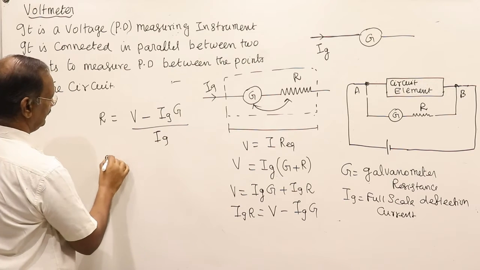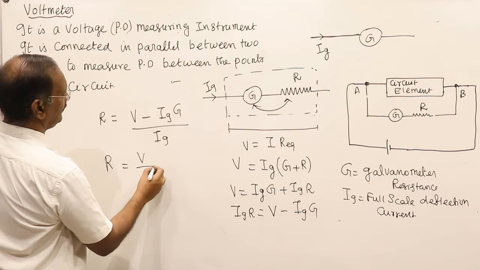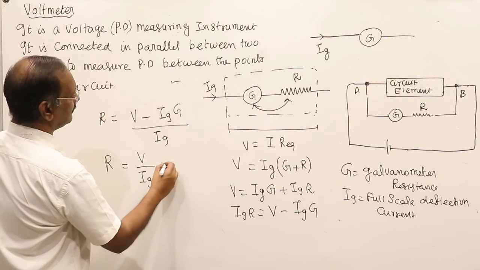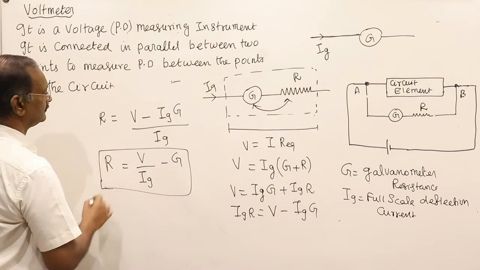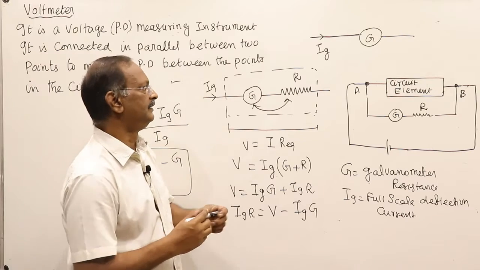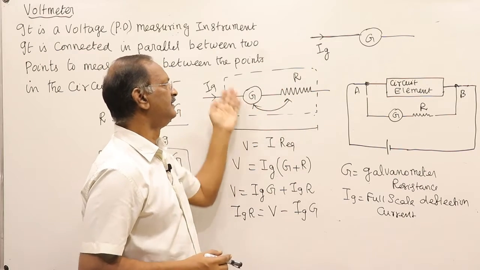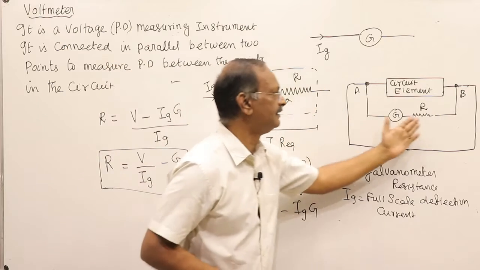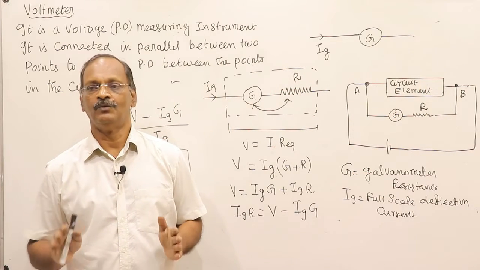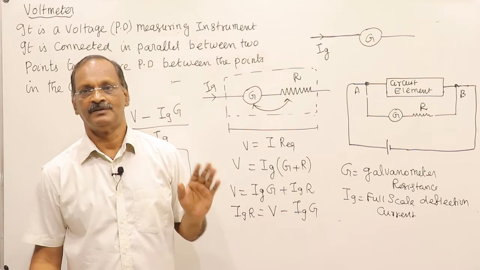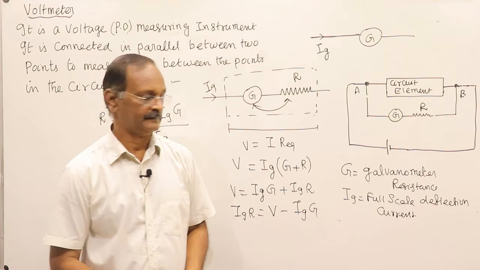R is equal to V by Ig minus G. This is the value of the resistance. Here it is connected in series to convert it into a voltmeter, and this assembly is connected in parallel across the circuit in which we have to measure the voltage across these points. So this is all about the voltmeter.